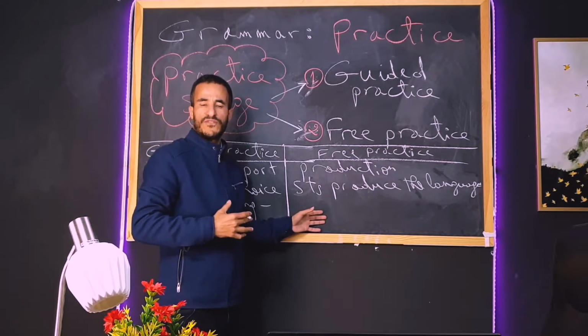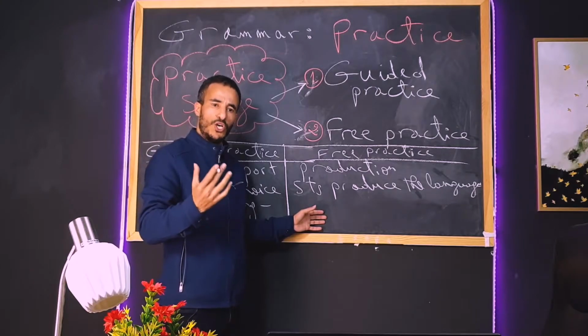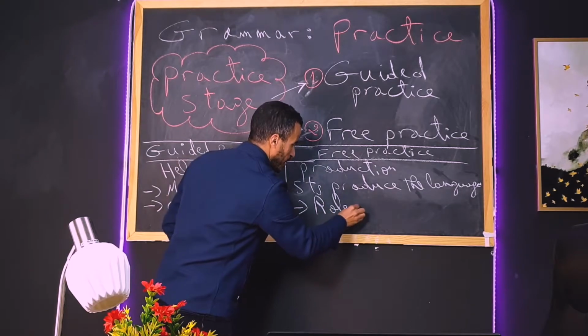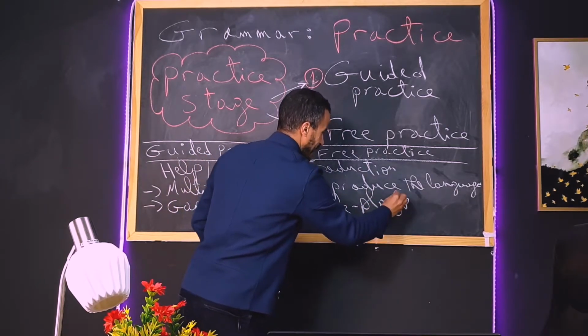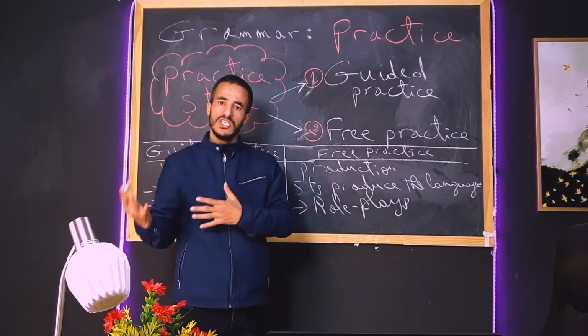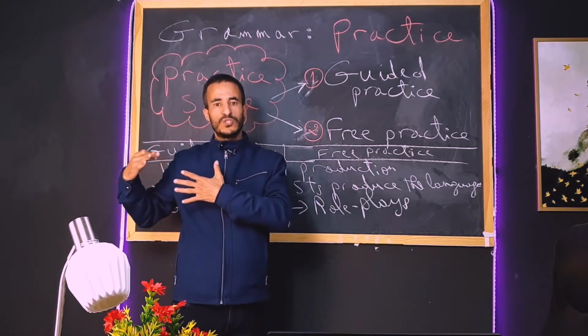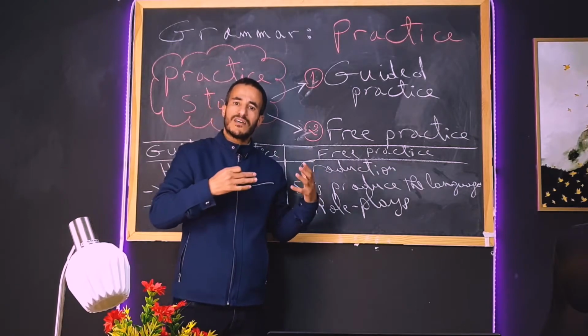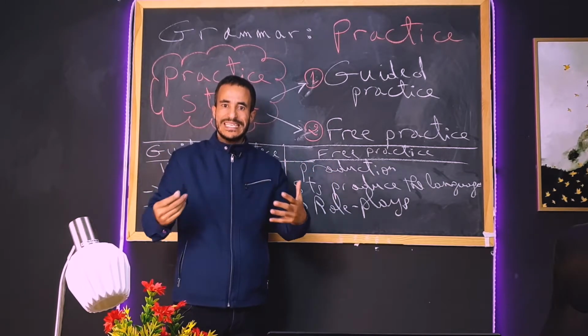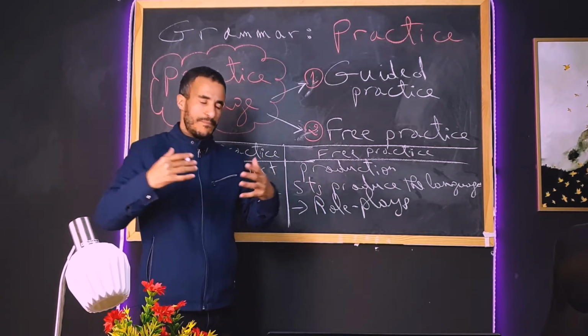Now, what types of exercises do we give our learners? One of the best exercises is role plays. And here, students can play roles: doctor, patient, teacher, students. So one is going to ask a question and others are going to answer, okay? So there is interaction, there is communication, there is collaboration.